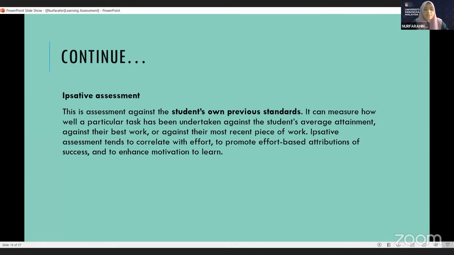Okay, let's just discuss one example. Student A is a very excellent student. So her common standard would be an A plus for all science-related subjects. So that's student A. So how do we assess her against her best work? But then for student B, he or she may not have the best understanding of science-related subjects.